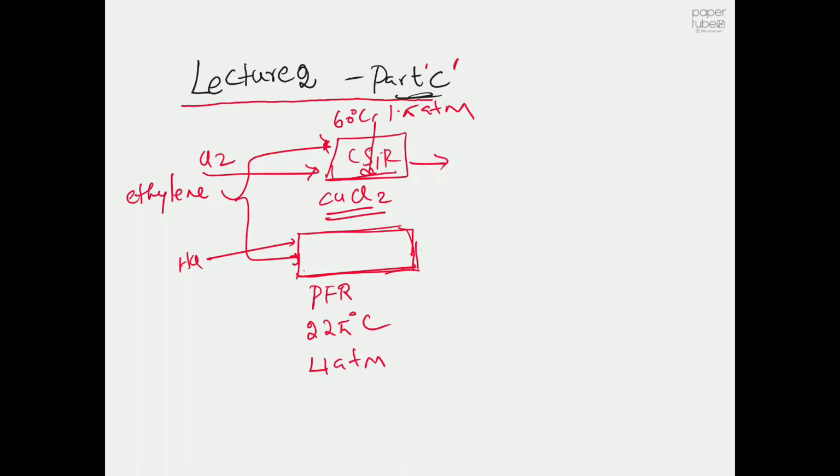So we will take the product out, we will mix them. This mixture should contain hydrochloric acid and the main product, which is ethylene dichloride, and this is an ideal world.